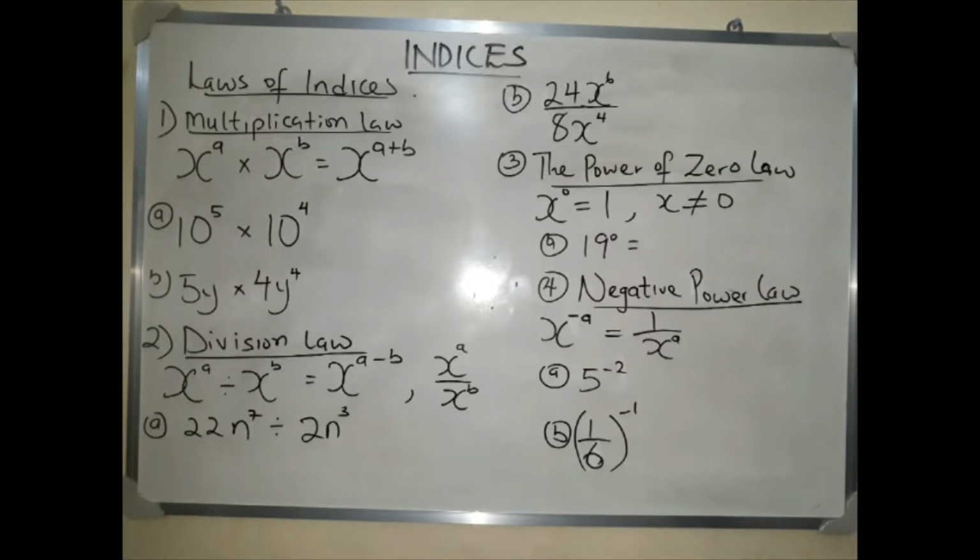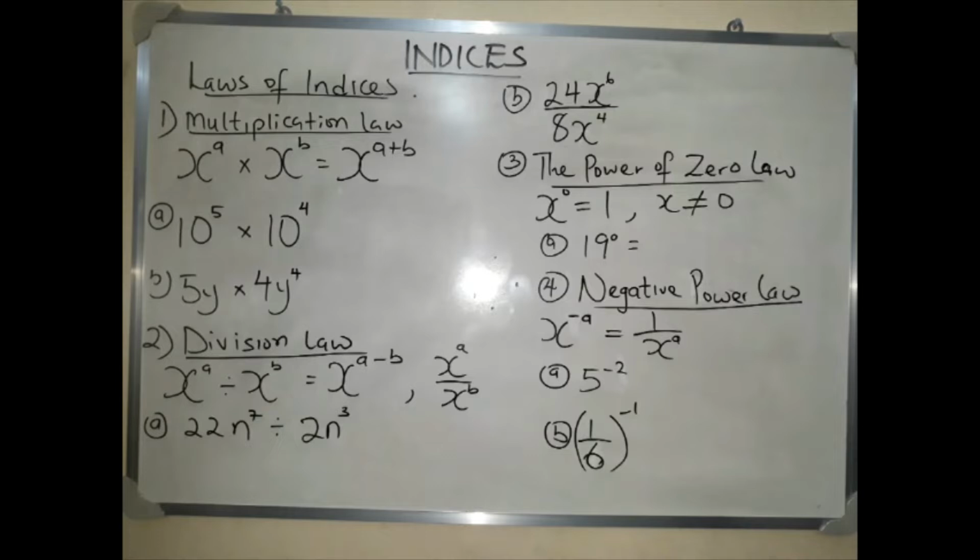Now let's go. The very first law of indices is the multiplication law. The multiplication law states that if two or more terms have the same base and are to be multiplied together, their indices are added.